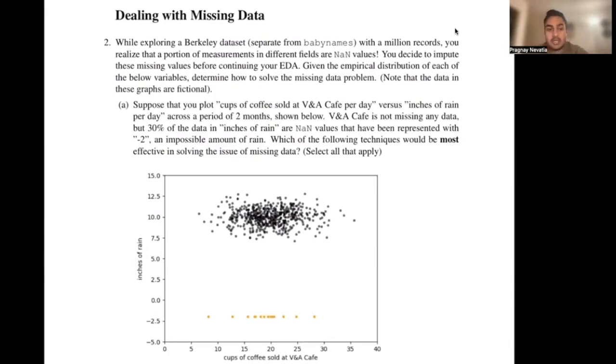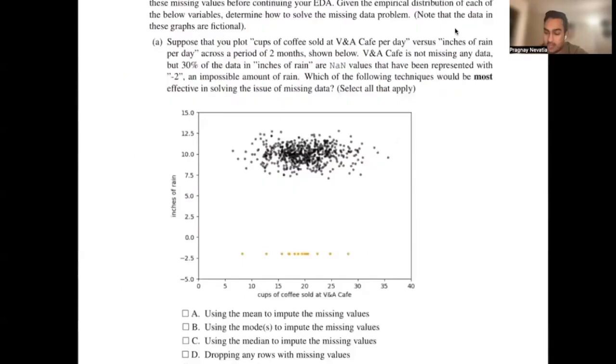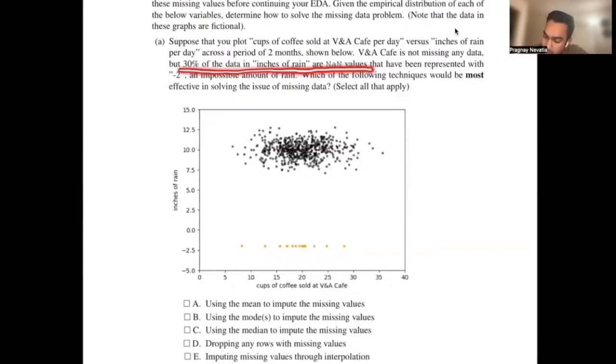In the first part, you're given this figure where you have inches of rain on the y-axis and cups of coffee sold at V&A Cafe on the x-axis. And the question is asking you that 30% of the data set is missing.